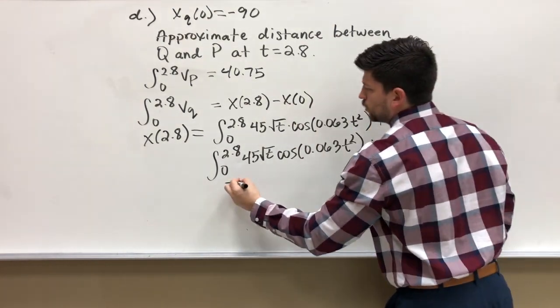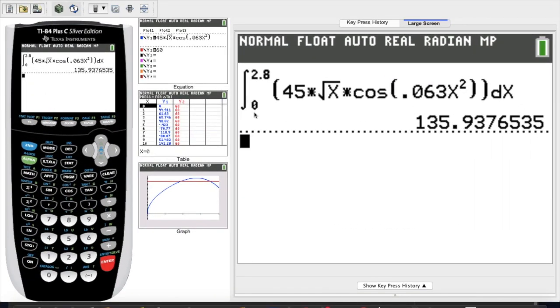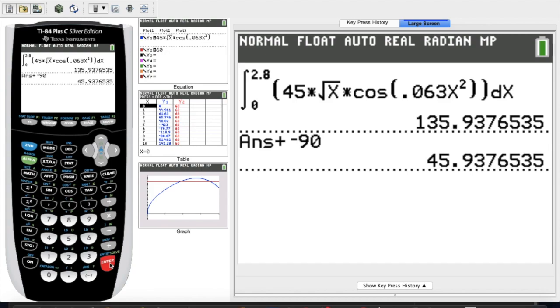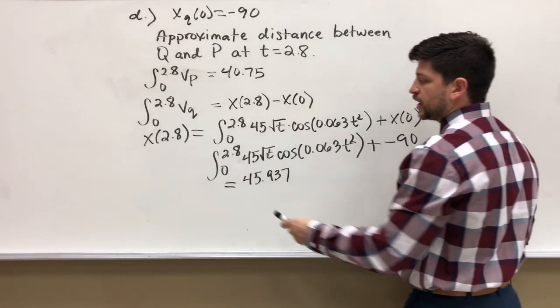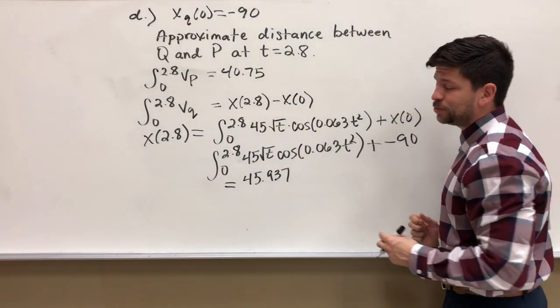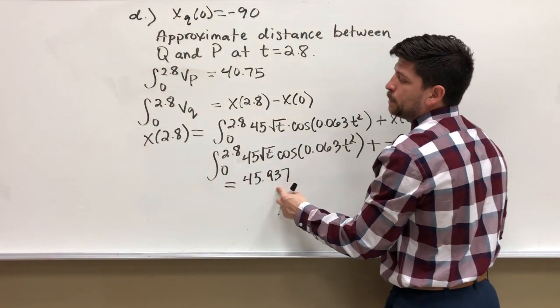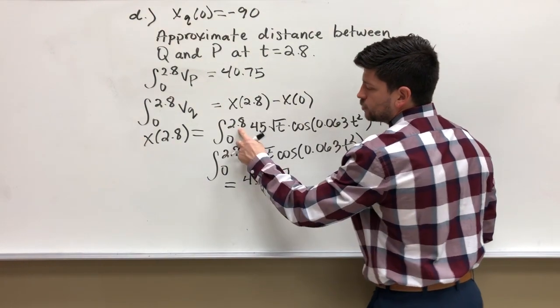So let's pull up the calculator and find that answer. All right, guys, I got a value of 45.937. This is the position of Q at 2.8.